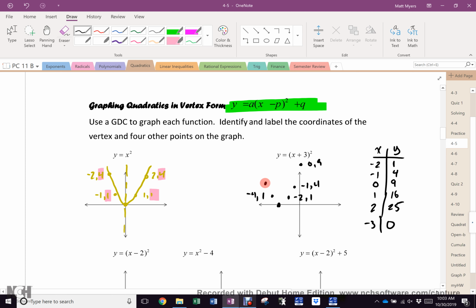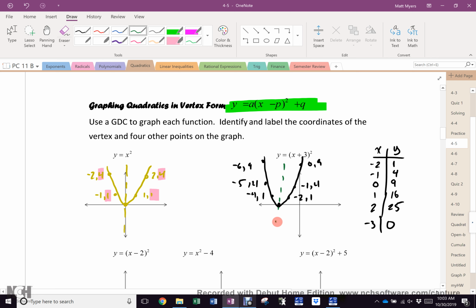What's this one going to be? -5, 4. It's the same value. What's this one going to be? -6, 9. Why? Because here is an axis of symmetry.